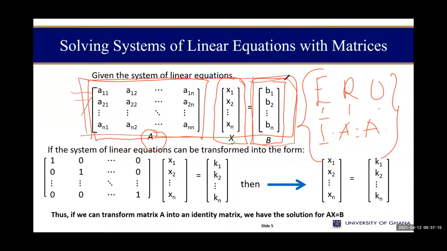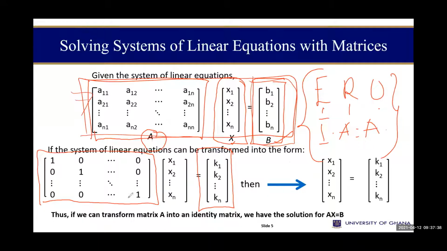So note that at any given point in time that I'm transforming the set of elements in matrix A, at the same time, the set of elements in matrix B, which are the resources, are also changing. So you see that this B1, B2 to Bn will be transformed to K1, K2 to what? Kn.